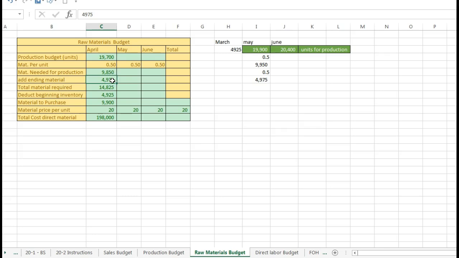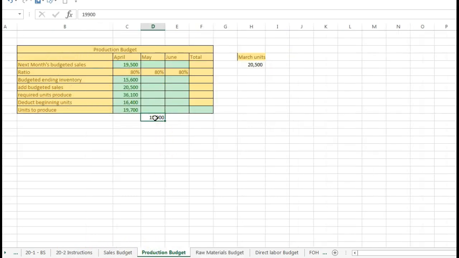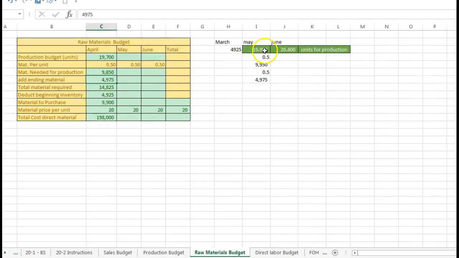Okay, we've got to go back, and so what do we have to add? So what's our ending inventory going to be for May? Well, that's where this number I gave you here becomes really important, because these are the units we have to produce, and we have to have 80% of those, I believe. We have to have an ending inventory to cover that. So we have 19,900 times 1/2, and we want to have 50% of that for materials inventory.